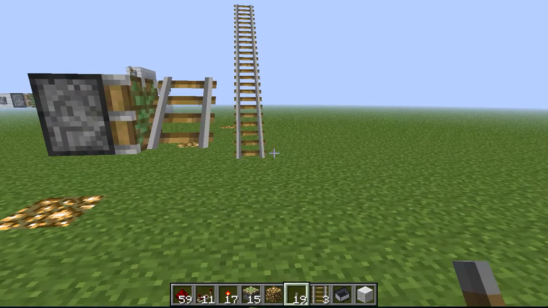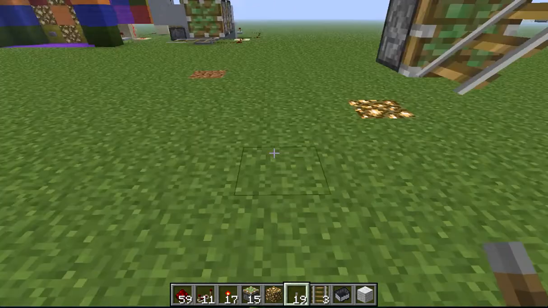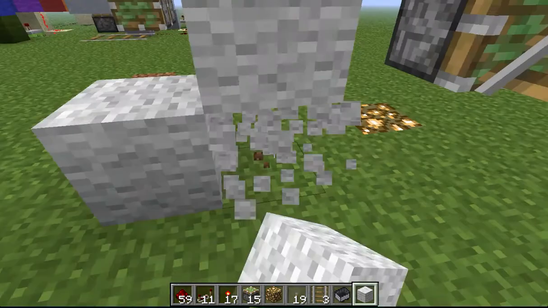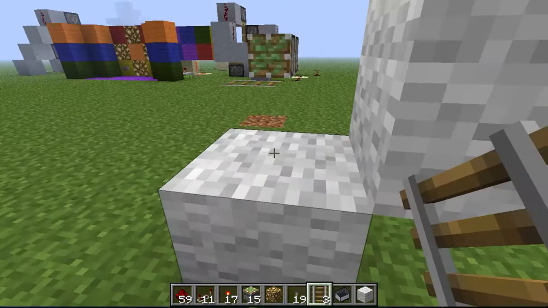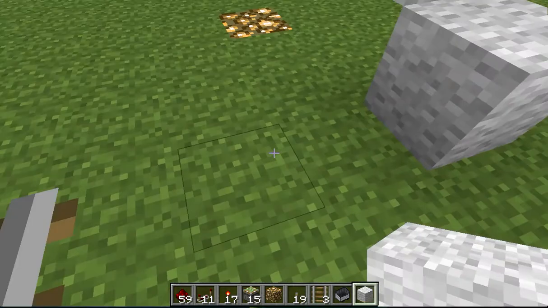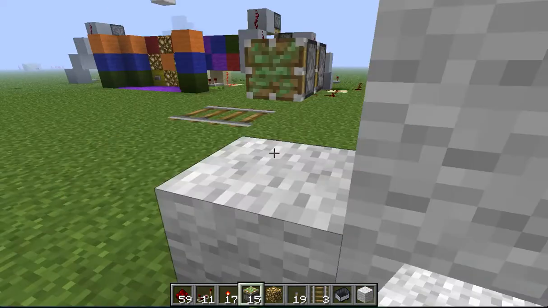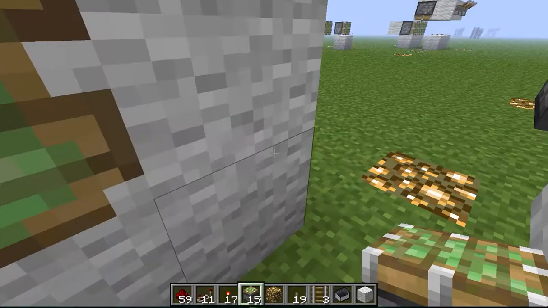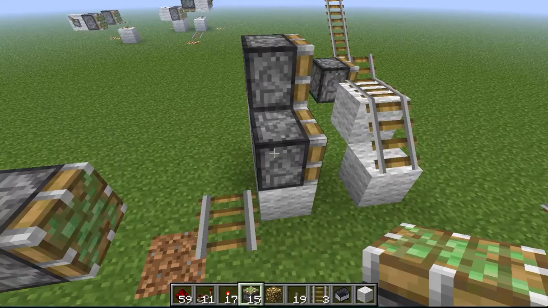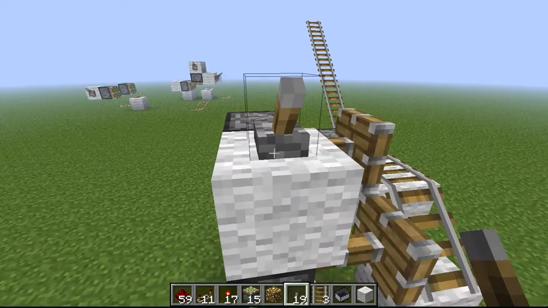Now over here, this is just demonstrating that you can pull out angled rails. And the way I did this is just like so. Rail and rail, block, block, piston, piston, and then threw down a block, lever, and power.